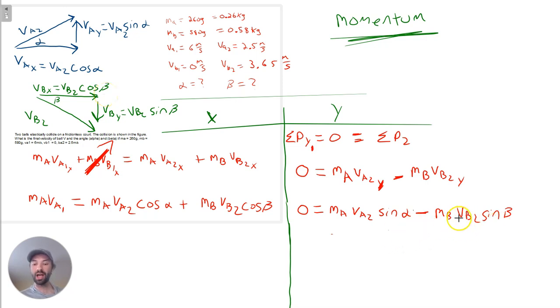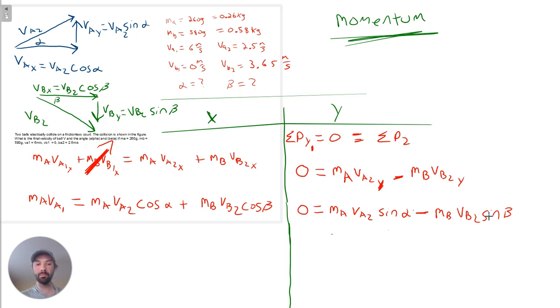And I did it on the y side as well. And remember, on the y side, before the collision, nothing was moving up or down. It was only moving in the x direction. So before the collision, the total momentum is 0. After the collision, the total momentum is 0 in the y direction. And again, I just resolved the total velocity into the y velocities only. There's a little bit of a trick you need to see here, though.